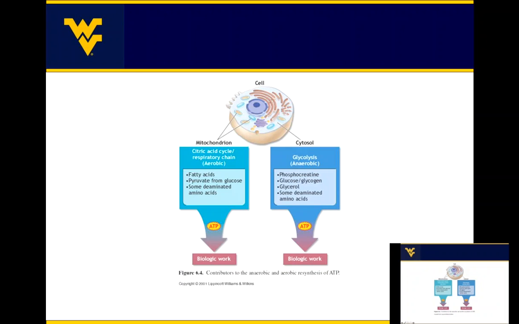We're going to talk about a process known as gluconeogenesis, and that is the creation of a glucose molecule from another source, like glycerol, which comes from fats, right? Triglycerides. All of that process that can give you ATP takes place in the cytosol. When you metabolize a glucose molecule fully, or when you use fats, or when you use proteins for energy, that must take place in the mitochondria.